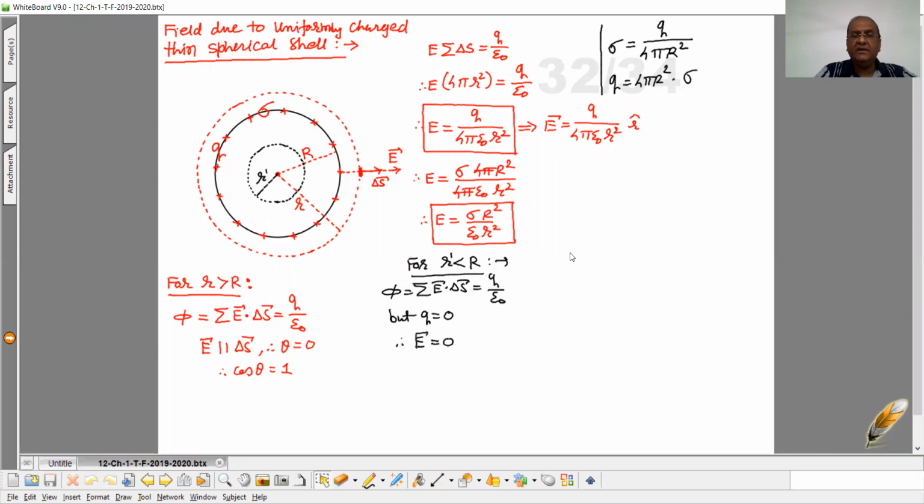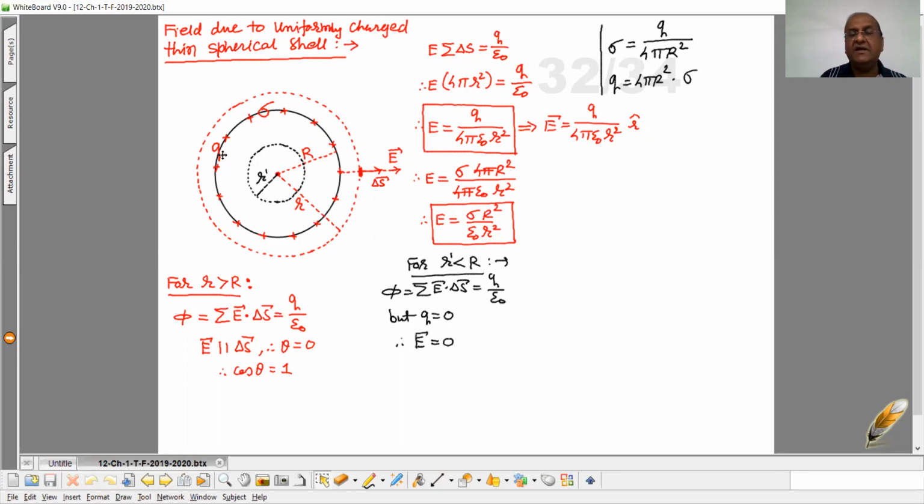Suppose here we have a uniformly charged thin spherical shell with surface charge density sigma, having radius equal to capital R. And suppose the total amount of charge residing on the spherical shell is Q. Here we have to calculate the electric field outside the spherical shell as well as inside the spherical shell.